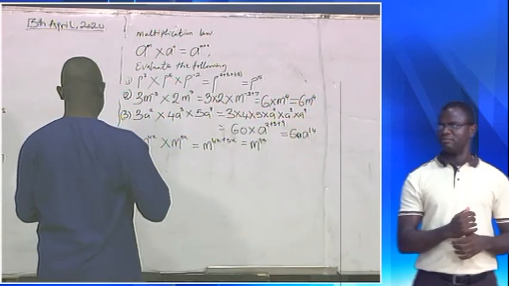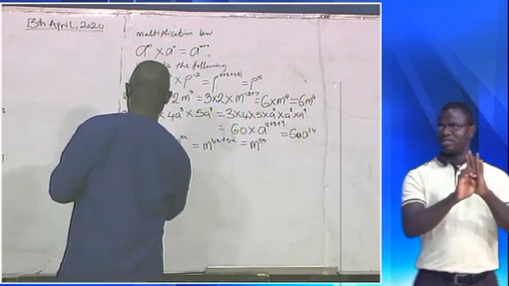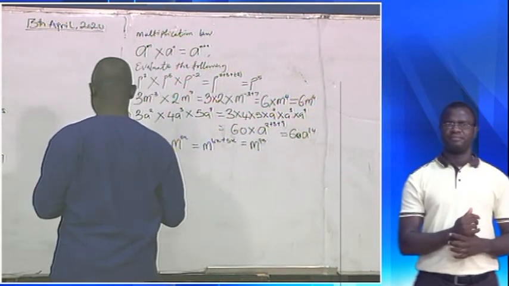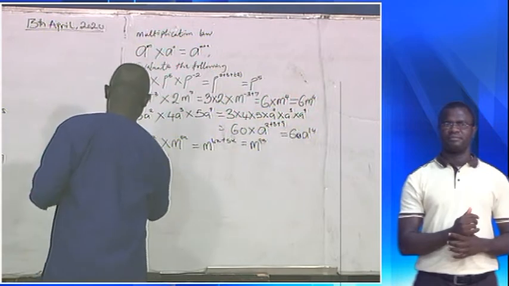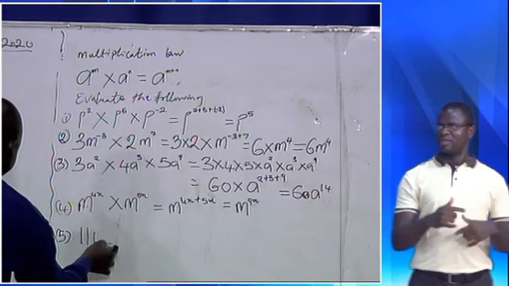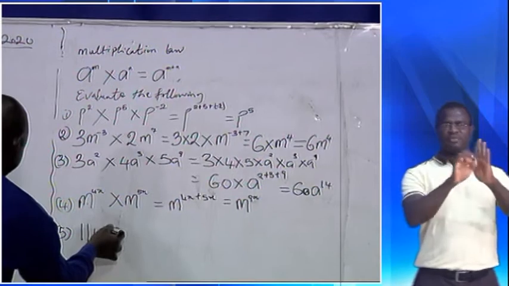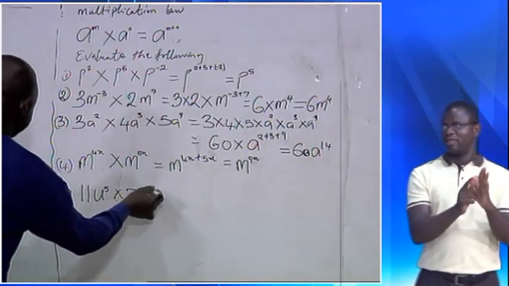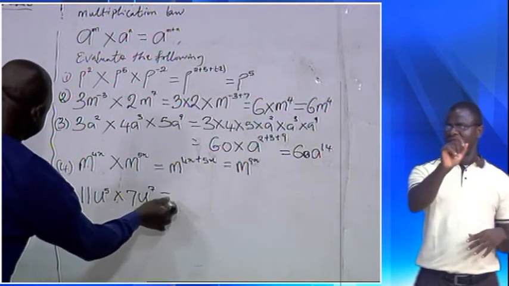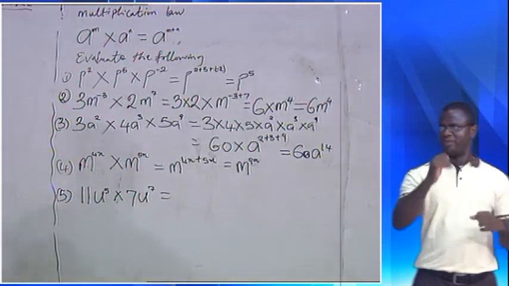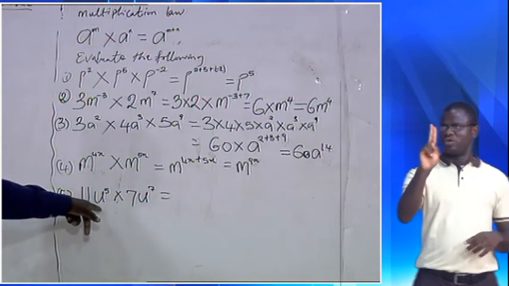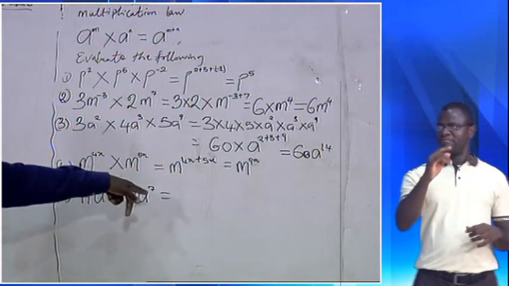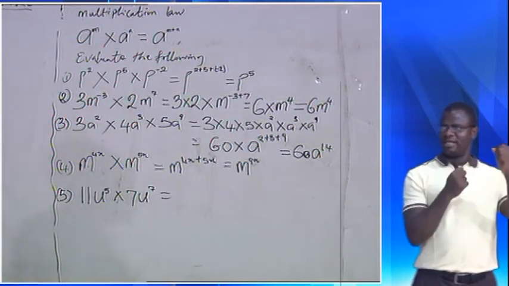Let us pick this one as the last one before we move to the next law. If we have 11u raised to power 5 multiplied by 7u raised to power of 7. In this case, we have the first variable attached to a coefficient 11 and the second one attached to another coefficient 7.